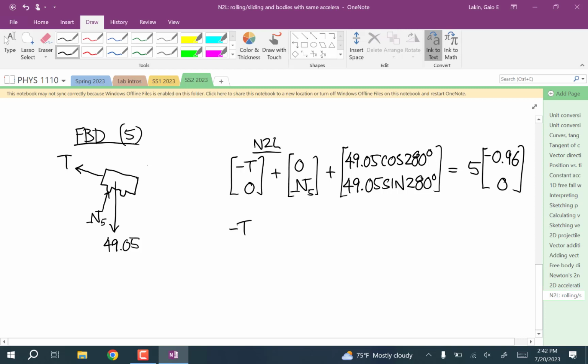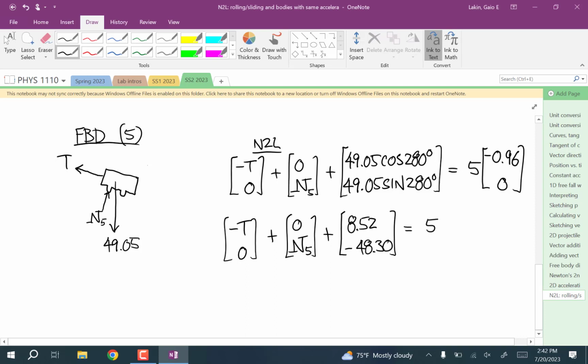So we get negative T, 0, plus 0, N5, plus 8.52 for the x component and negative 48.30 for the y component. And that's equal to 5 times negative 0.96.